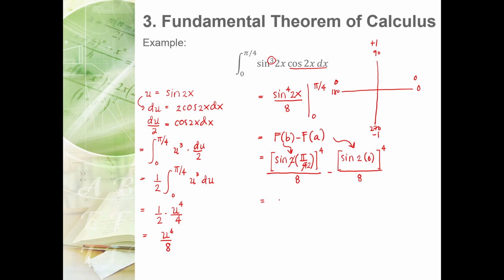So this is 1 raised to the power of 4, so 1 raised to the power of 4 all over 8. Then minus sine of 2 times 0. So sine 0 is 0, diba? So that will be 0 to the power of 4, so again, this one is 0. So the final answer is 1/8.